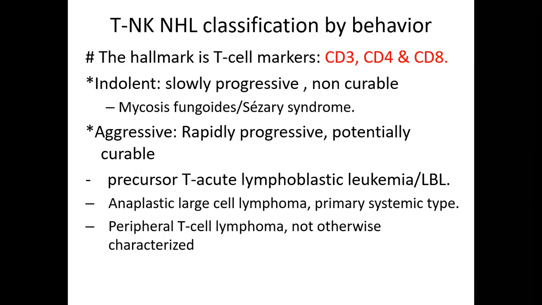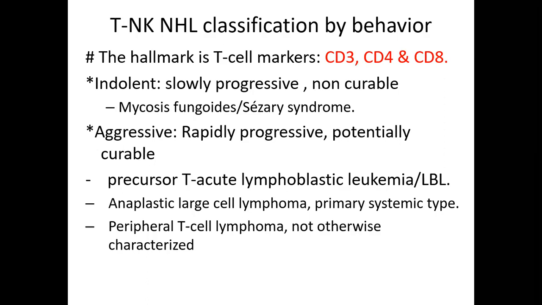The T-cell and natural killer non-Hodgkin lymphoma, as classified by behavior: first of all, the hallmark of T-cell lymphoma is T-cell markers, which are the CD3, CD4, and CD8. The indolent subtypes also are slowly progressive but non-curable. The best example is mycosis fungoides and Sézary syndrome, in which the T-cell non-Hodgkin lymphoma involves the skin.